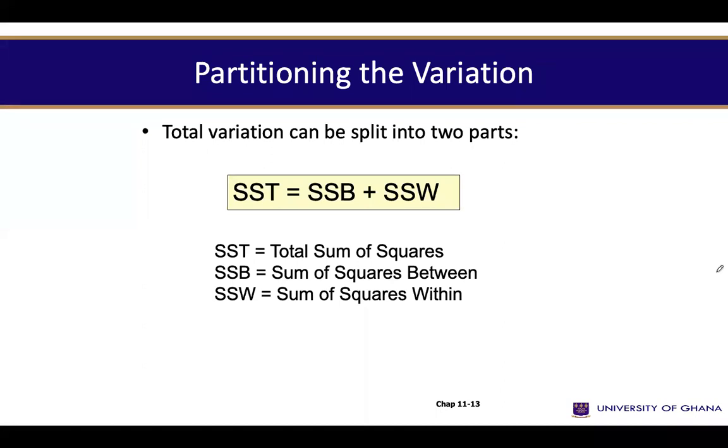And then the within group sum of squares, we term it the sum of squares within. Some people call it the sum of squares due to error. So in our analysis of variance, we are going to calculate the between group variation and the within group variation.